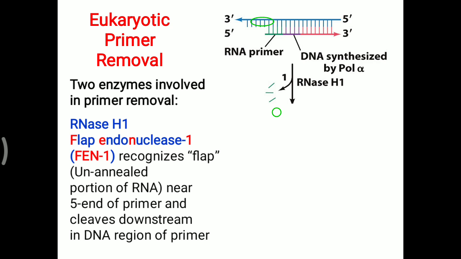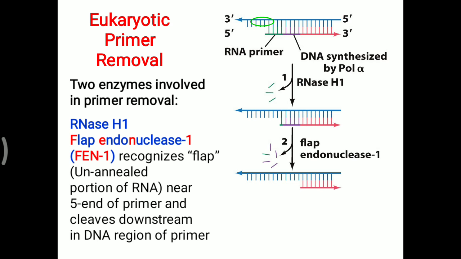Another is flap endonuclease 1, short form FEN1, which recognizes the flap. Whatever unannealed portion of RNA is recognized near the 5' end of the primer, it cleaves downstream in the DNA region of the primer. So once identified, this flap endonuclease removes the unannealed RNA portion over the DNA structure.